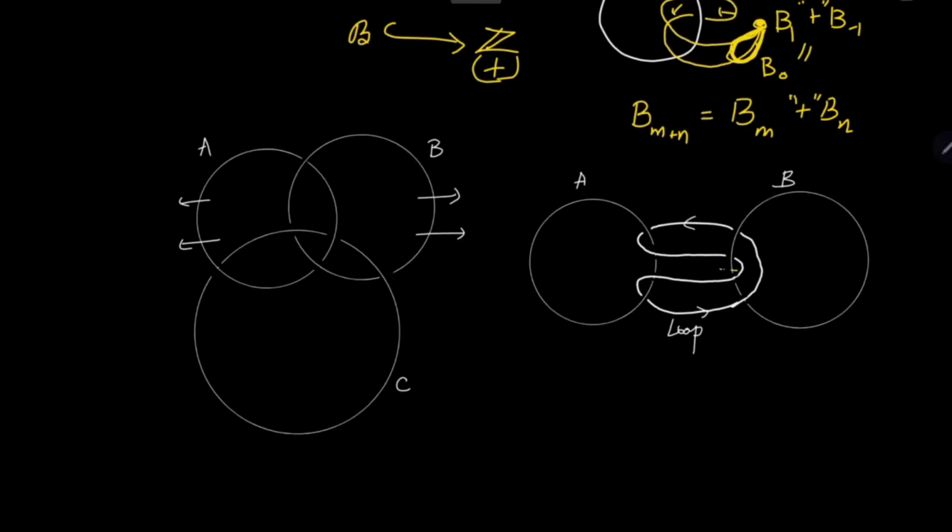So if B was not present, you could move this part of C around here, slide this back, and then just pull C apart from A. Similarly, we have already removed B from A, and if we somehow remove this loop C, then we can separate A and B completely. So there is that.